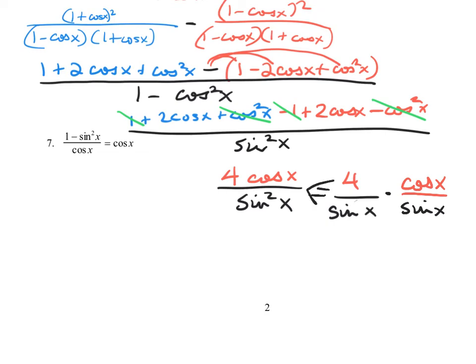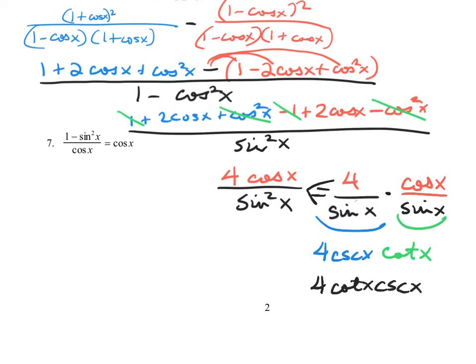So then now this becomes 4 cosecant, and this becomes cotangent. I can flip it around because it's commutative. So then I'm trying to make it equal 4 cotangent x, cosecant x. It verifies.